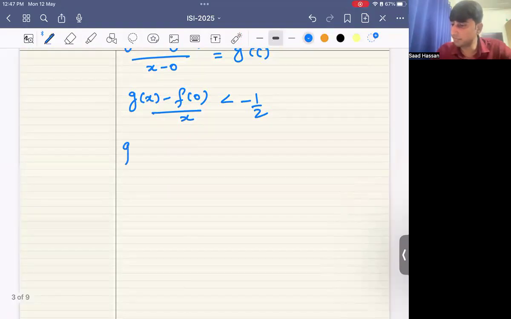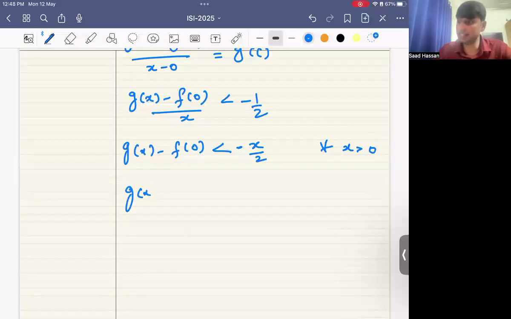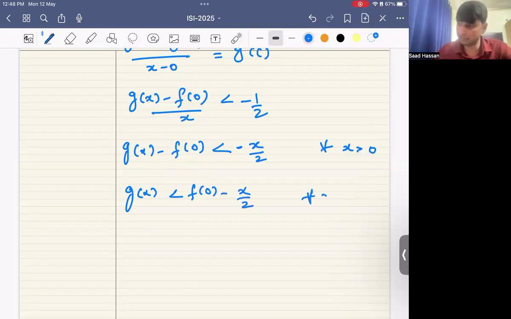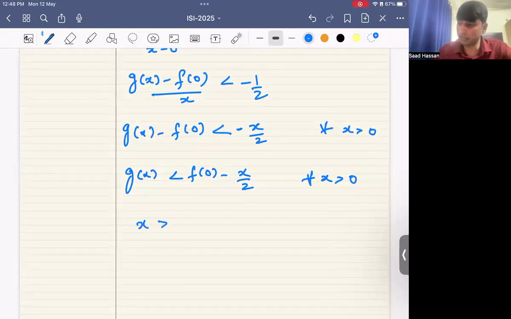So you get g of x minus f of 0 is less than minus x by 2 for all x positive, in fact, g of x is less than f of 0 minus x by 2 for all x positive. Now pick x to be greater than 2f of 0.